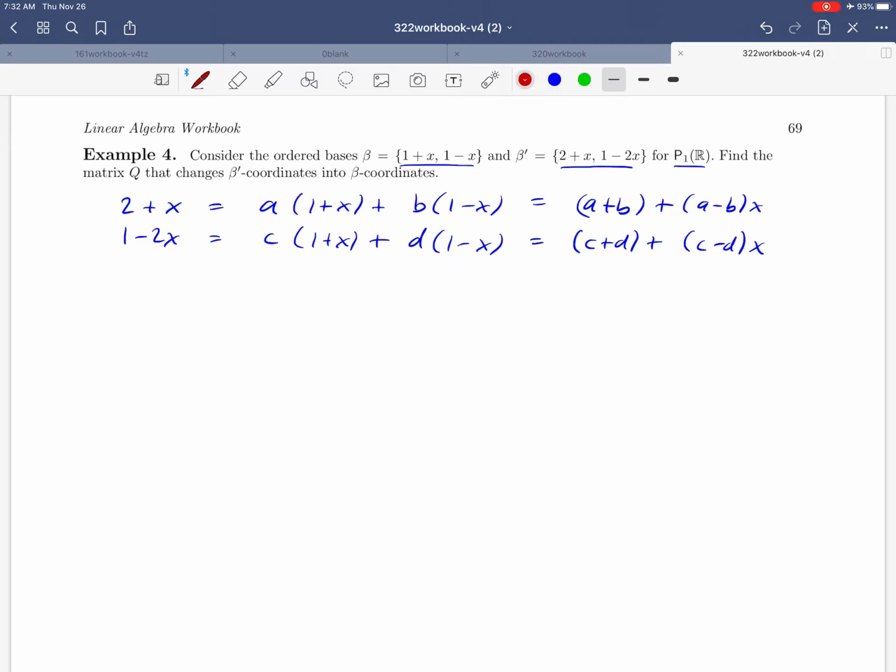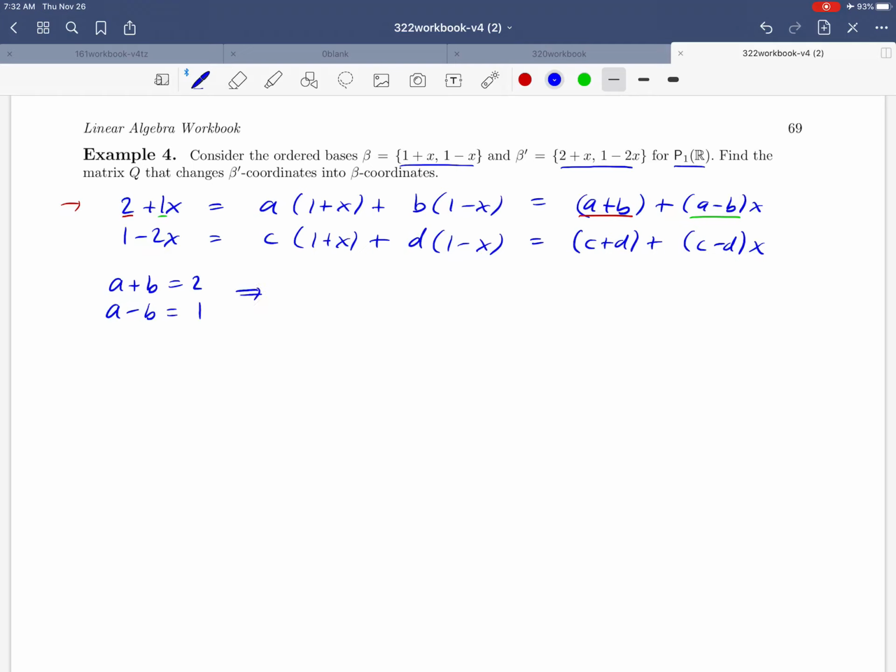Looking at the first equation, for this to be a true statement, we need 2 to be equal to A + B, and we also need the 1 in front of the x. I'm going to sneak a 1 in there. We need that 1 to be equal to A - B. What that gives us is a system of equations: A + B = 2 and A - B = 1.